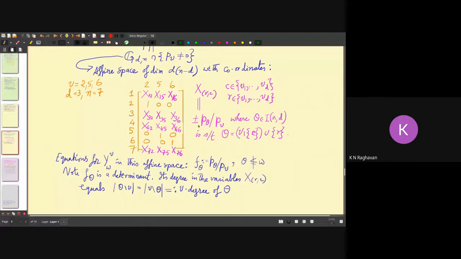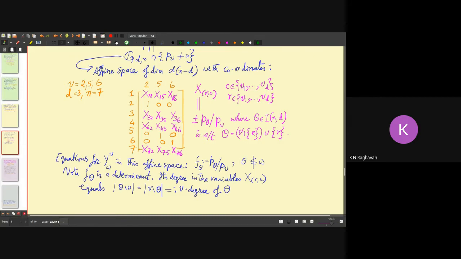So these variables are P theta by PV, where theta differs from V by just one element, and the notation R comma C is justified because if theta differs from V in one element, it omits an element C which is in V, and it includes an element R which is not in V. So I can just denote this by RC.